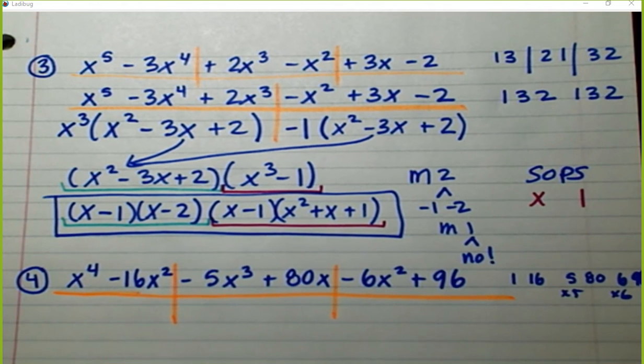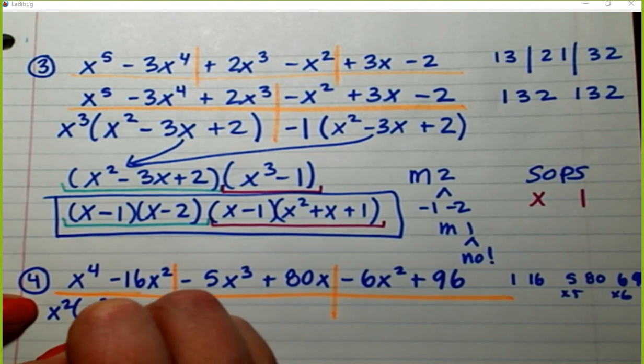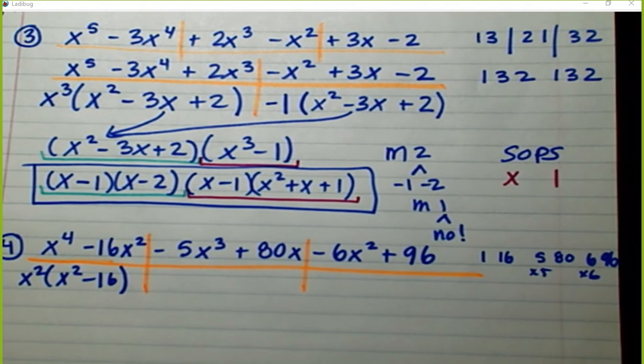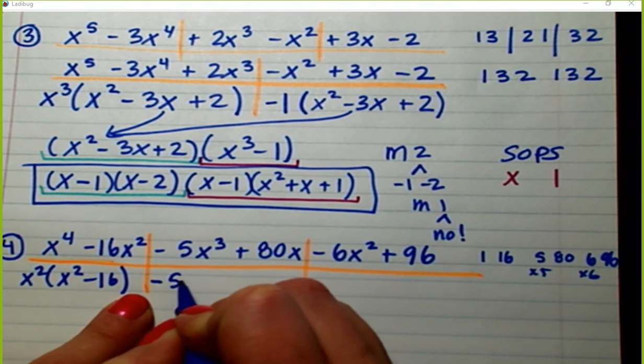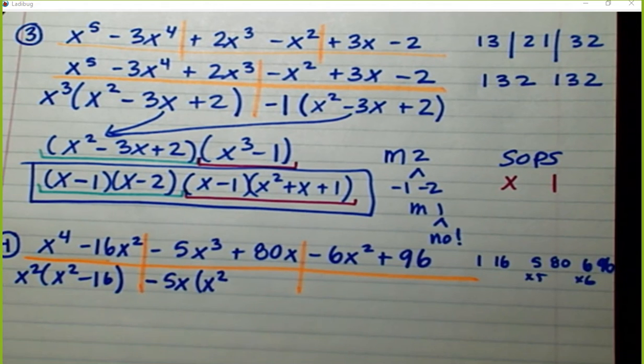I think it's going to work. So let's try it. The GCF. Now, I'm not checking my pluses or minuses, so you just have to be careful with them. I'm just looking at the numbers to hopefully give me the right direction. Minus 5x.